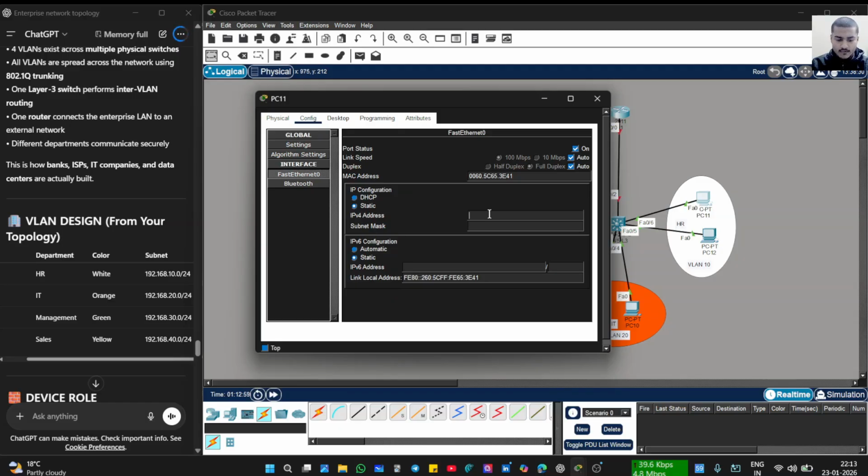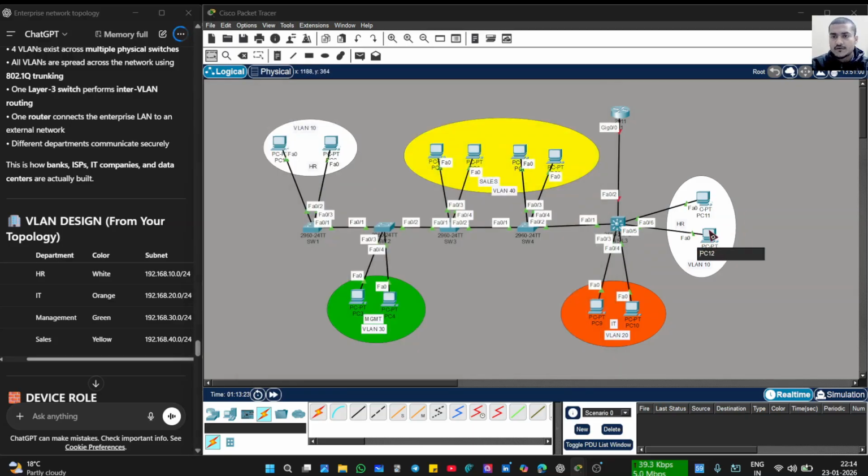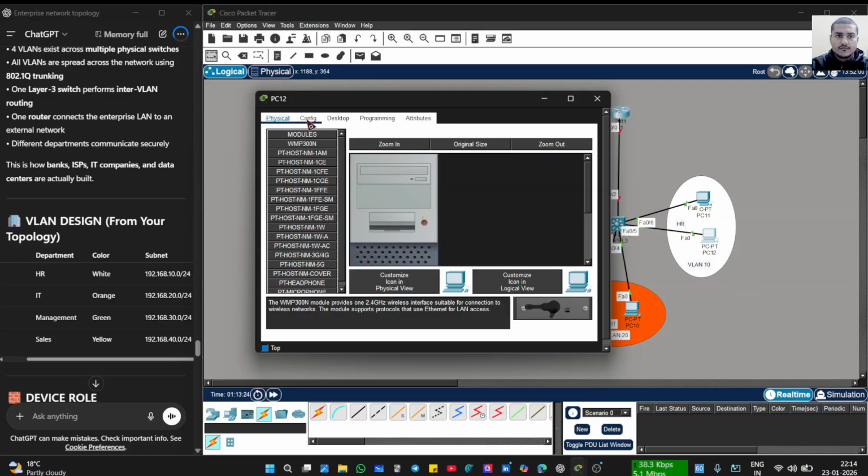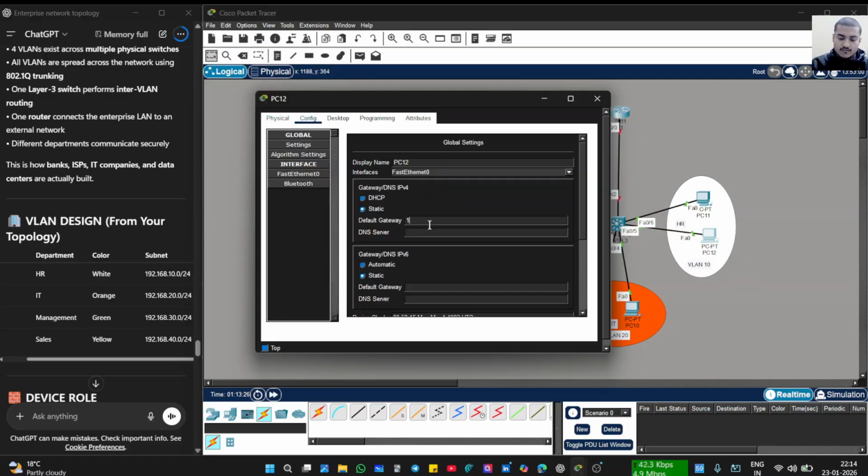Okay, so 192.168.10.12, okay, it's 11 actually. If not wrong, we have done 10 and 11, so it would be 12, and then the next would be 13. Here it is, we have to configure this one with the same IP.